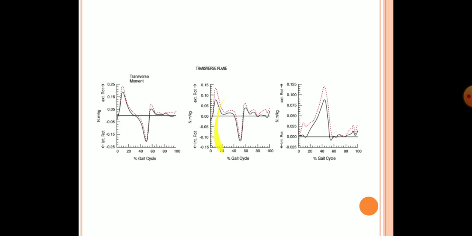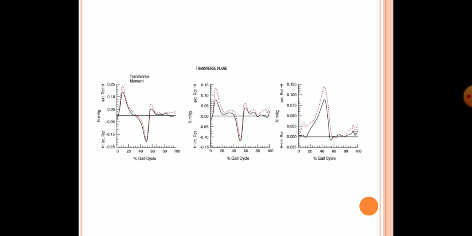And the knee joint will also have similar moments to those produced by the hip joint. That means the knee joint also starts with some amount of external rotation, and by 50% it will give you a maximum internal rotator moment, and by 60 or 65% of the gait cycle it will give you an external moment and it will maintain that moment during the rest of the gait cycle.